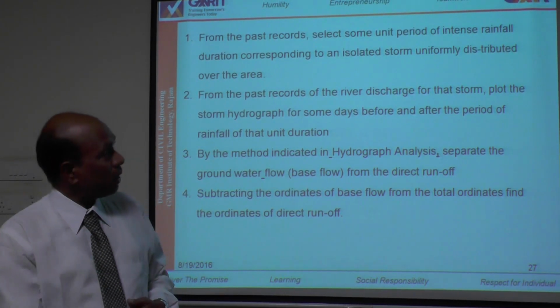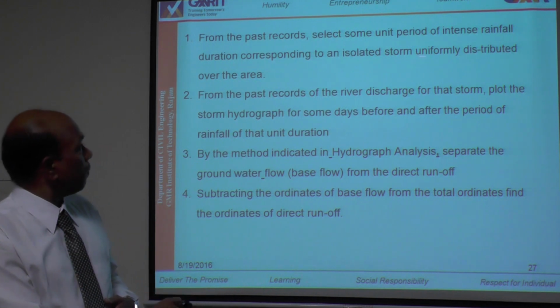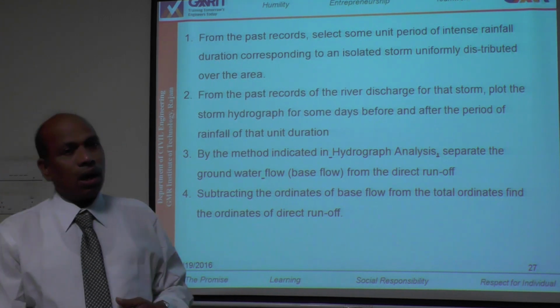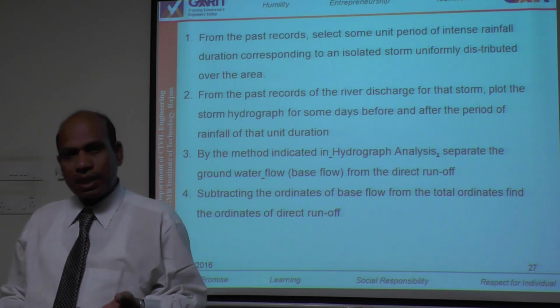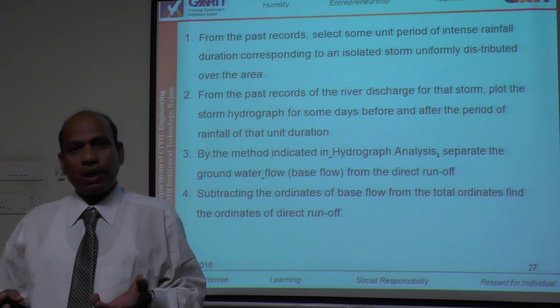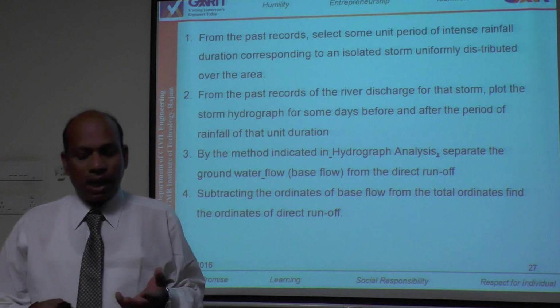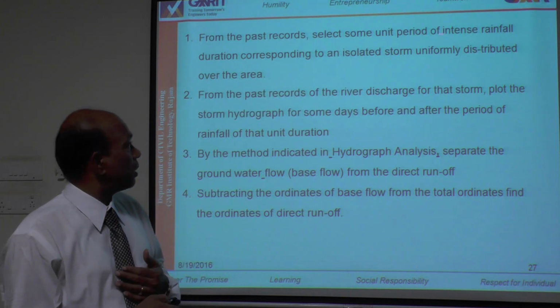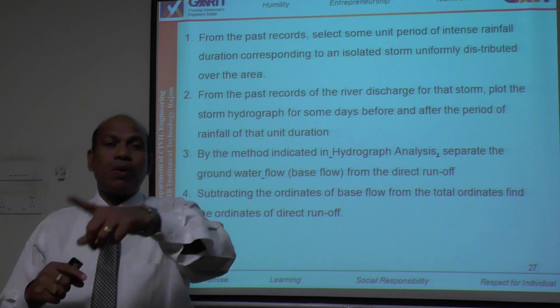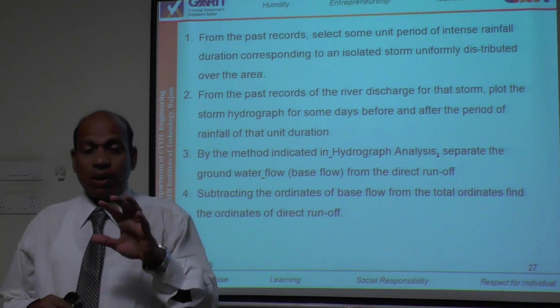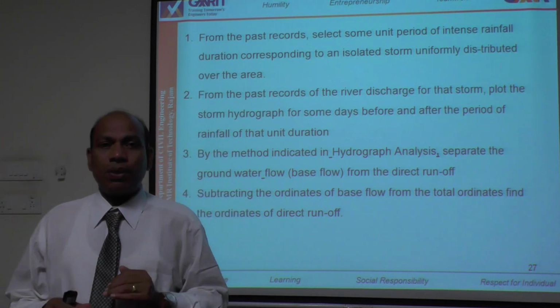Because here intensive rainfall is important. Different catchments have different intensities of rainfall. But for the analysis, we are going to take the intensive rainfall duration corresponding to an isolated storm and uniformly distributed over the entire area. First of all, we are going to select that type of rainfall.